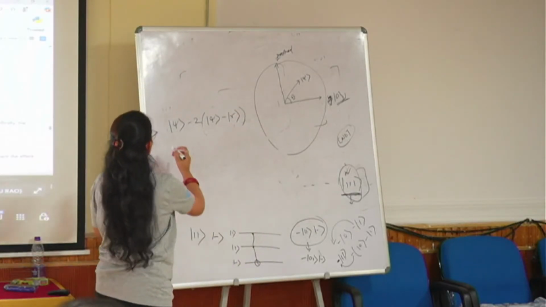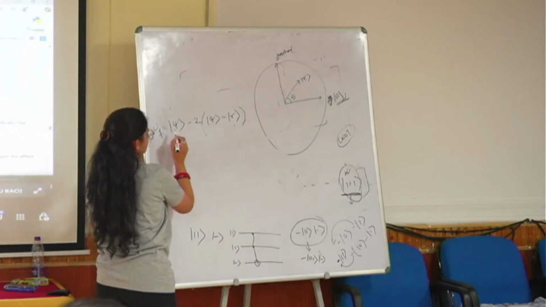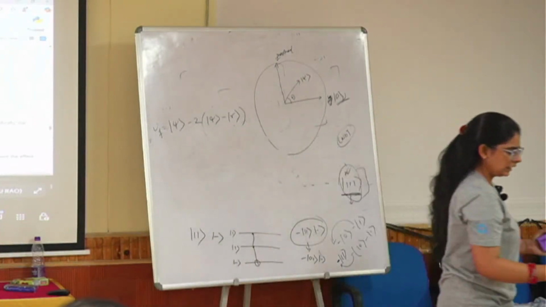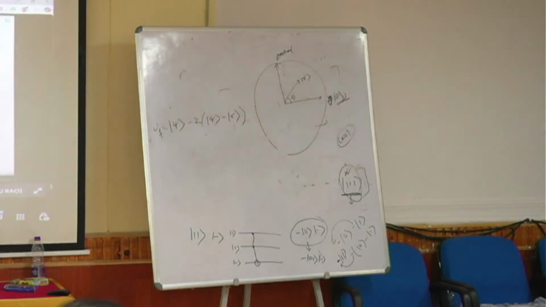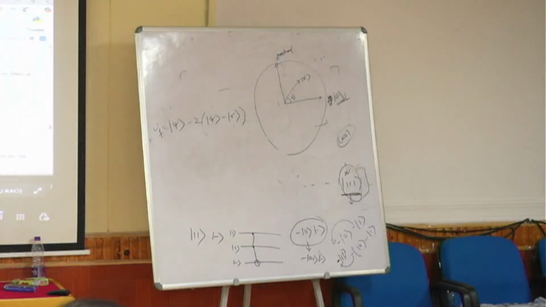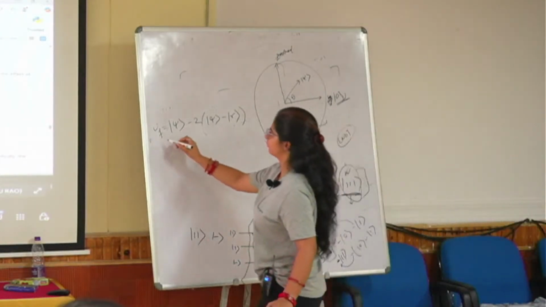So now, suppose this is my unitary. Which unitary? The diffusion operator unitary. This particular, the entire thing, this particular unitary. I'm considering that as U_f.